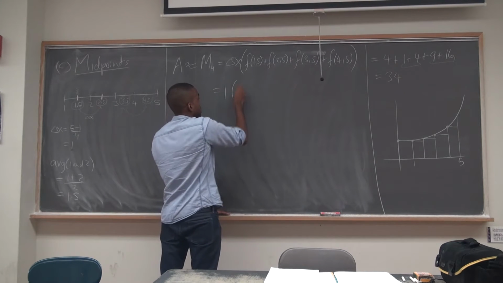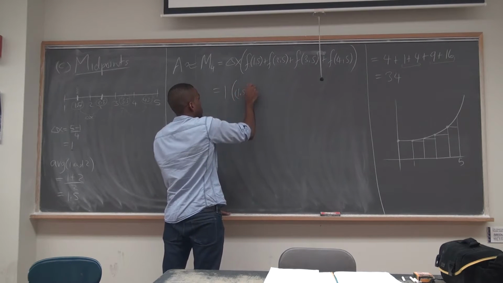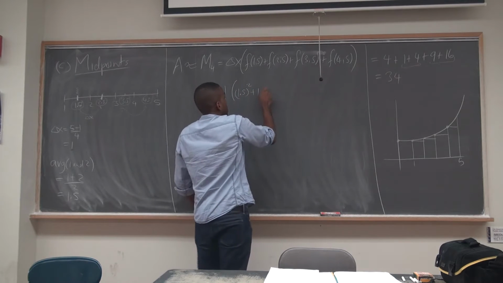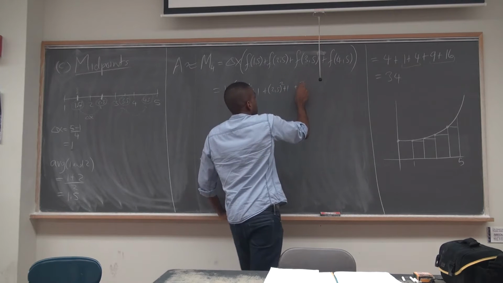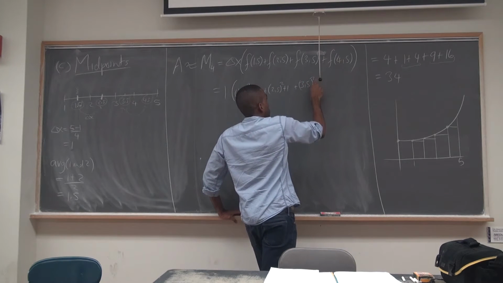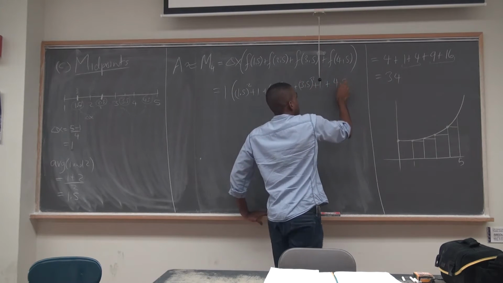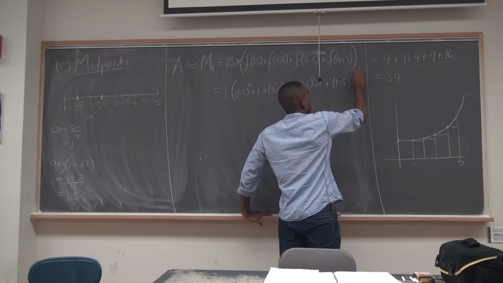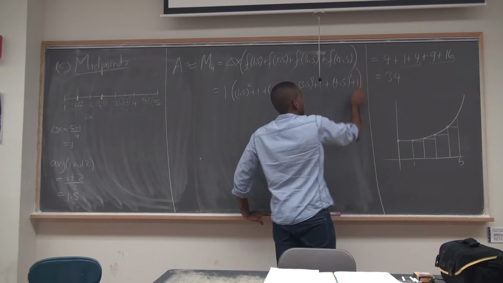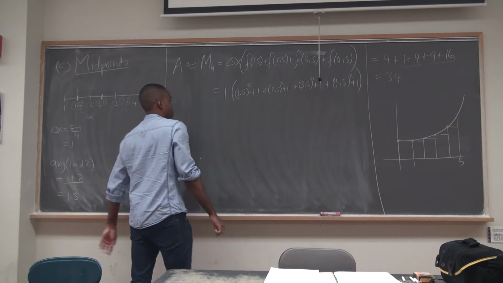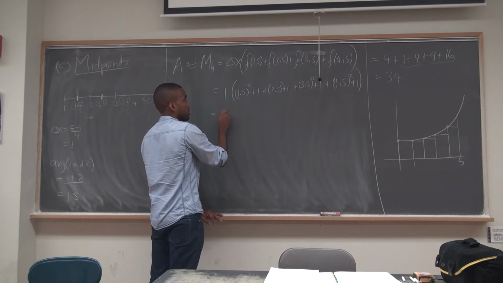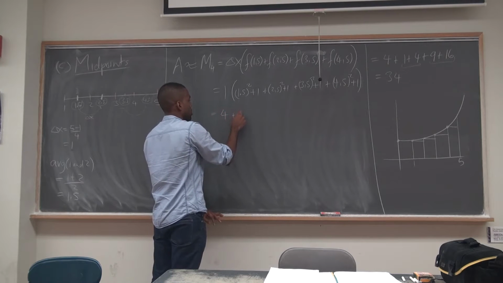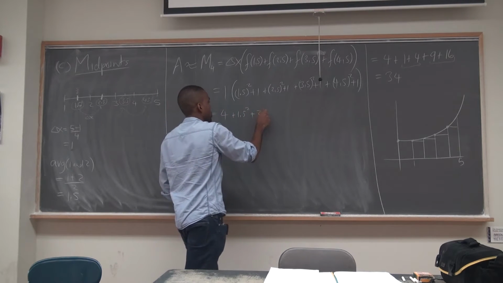So 1 times (1.5 squared plus 1) plus (2.5 squared plus 1) plus (3.5 squared plus 1) plus (4.5 squared plus 1). You could do something like 4 plus 1.5 squared plus 2.5 squared plus.